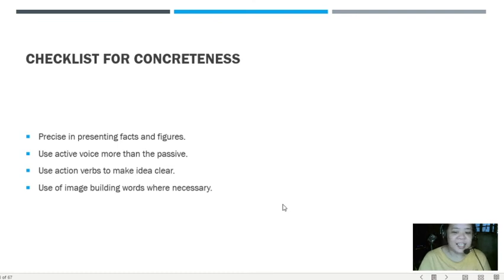And finally, use image-building words like comparison, figures of speech, and the others that we discussed in order to make your message really concrete and not vague. Okay, so being concrete and not vague, that is what is important in this part of the 7 C's.